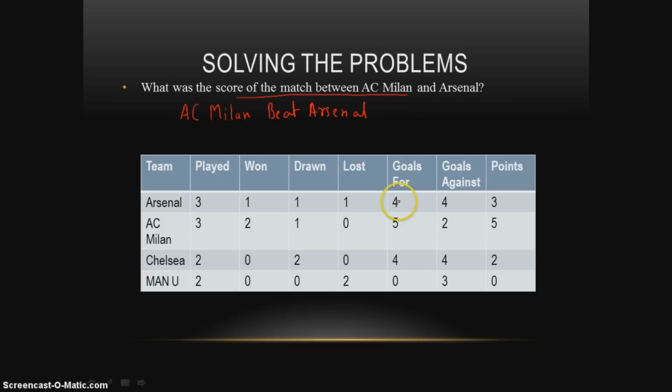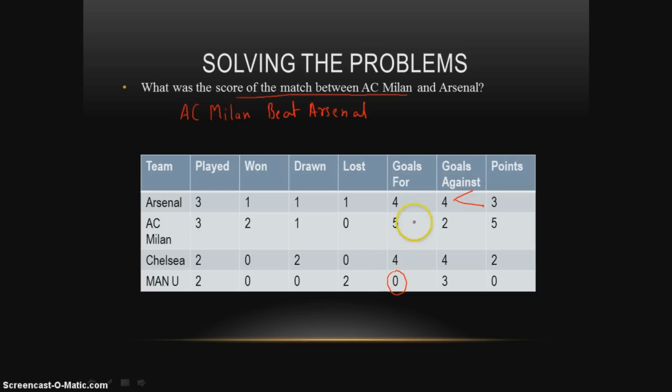Now let's look at the score. For the score, let's just have a look at goals against for AC Milan and Arsenal. So Arsenal, if I see, there are 4 goals which have been scored against Arsenal. I know that out of the 4 goals scored against Arsenal, Man U has not scored any of them. In fact, Man U has not scored any goal against any of the teams.